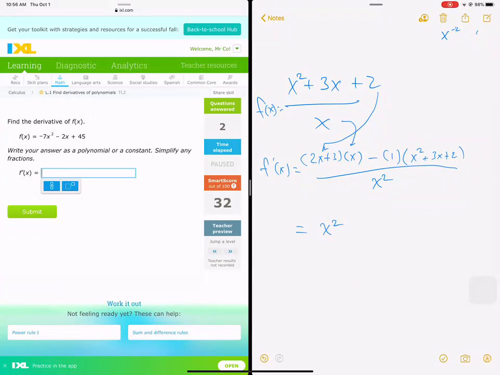Whoops, my bad, made a mistake. You have to distribute, so let's rewrite it. 2x cubed plus, oh darn it, that was an arrow. 2x squared plus 3x minus x squared minus 3x minus 2 all over x squared.